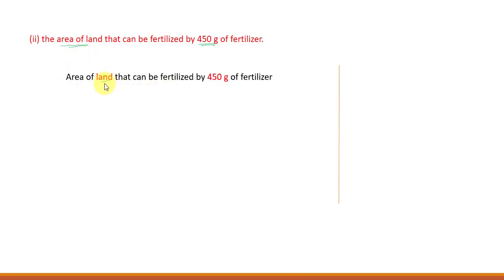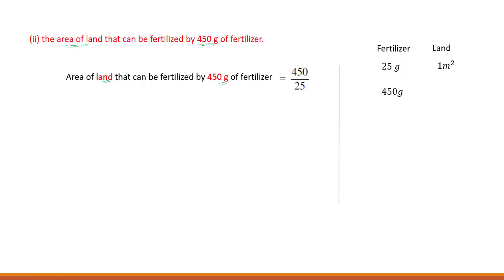Okay, when you look at the first part of this question, you will see that for 25 grams of fertilizer, the land required is 1 meter square, or for 1 meter square of land the fertilizer required is 25 grams. Fine.